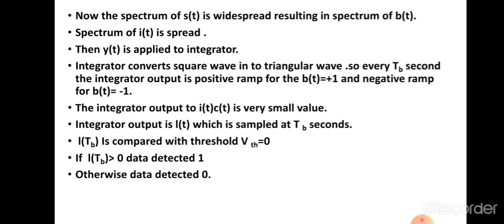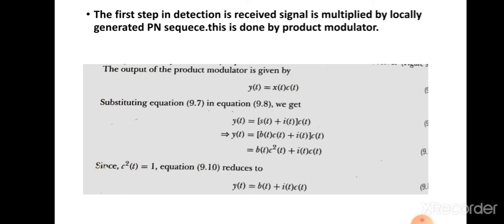So let us see the explanation. Now the spectrum of s of t is despread, resulting in the spectrum of b of t. Sorry, this is not widespread, that is despread. And the spectrum of i of t is spread; you can see here that i of t is multiplied with c of t.